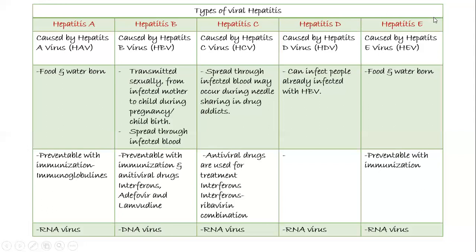The last type is hepatitis E, caused by the hepatitis E virus, that is HEV. This disease occurs due to food and waterborne transmission. It is preventable with immunization, and again hepatitis E is an RNA virus.